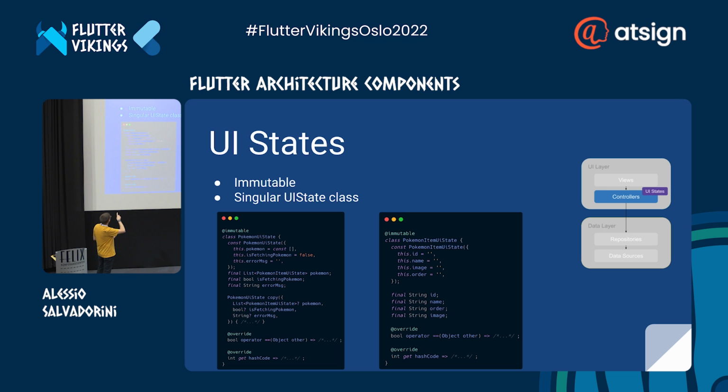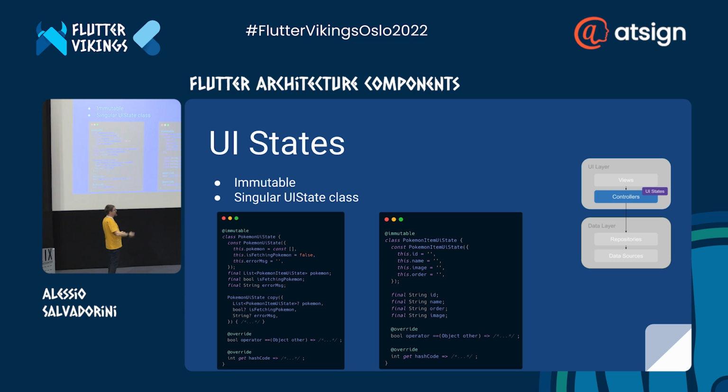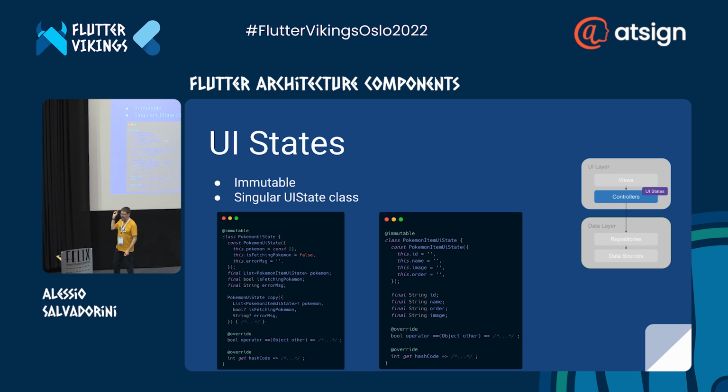And then when there is the list, it's not a list of Pokemon, but it's a list of PokemonItemUIState, which is this other simple class, because when I fetch a Pokemon, there is a lot of information there, but in the initial page, not in the detail page, I don't show all the information. So there is no point to bring all that information. You need to trim down your classes to only what is needed by the UI.